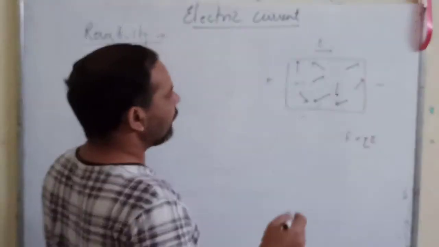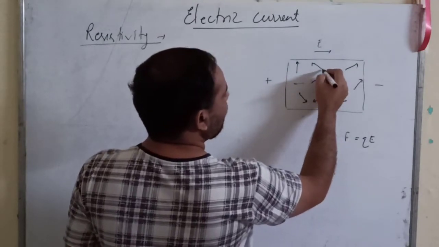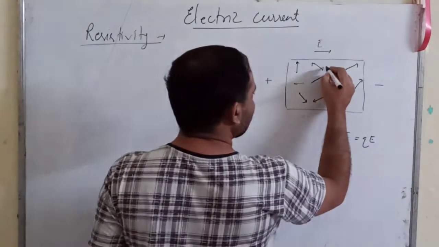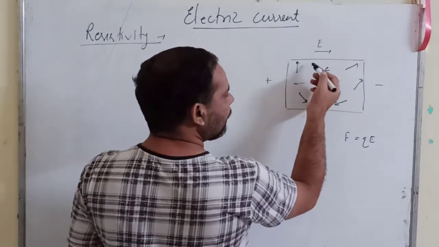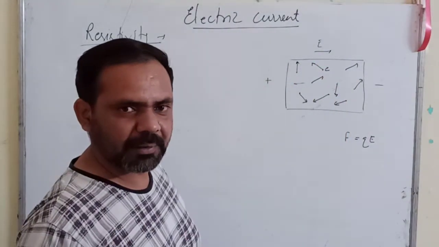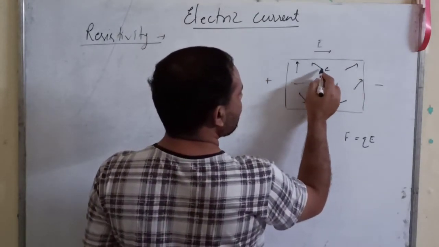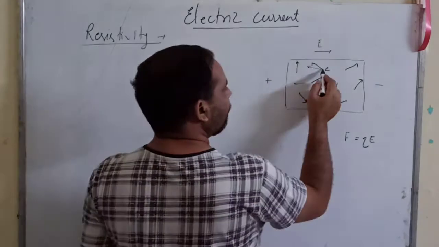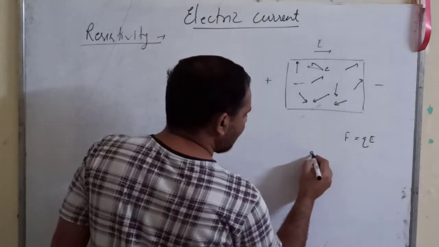They were already in random motion. Suppose I take this one electron. It was moving in this direction when no electric field was acting. When the electric field starts acting, this electron does not reach here, it actually reaches this point, because two different velocities are there.